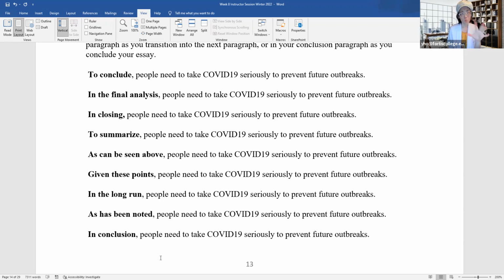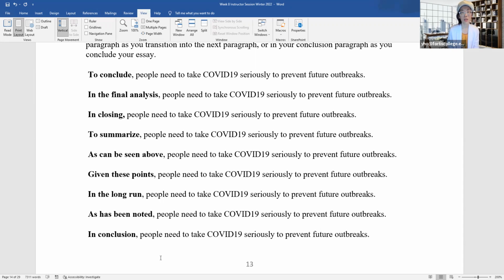And so when we write our conclusion paragraph, we want to inform the reader of the takeaway lessons that we can get from that essay. And when you write your conclusion, you're summarizing the highlights of your essay. In my week 12 lecture, I will go over different kinds of conclusion paragraphs.